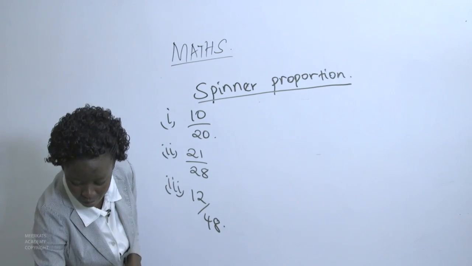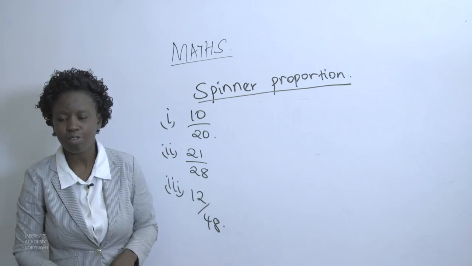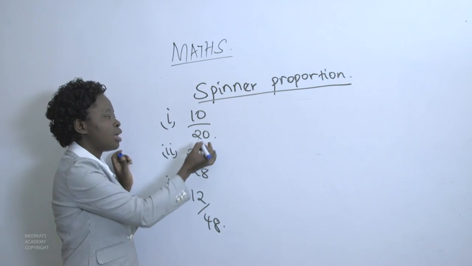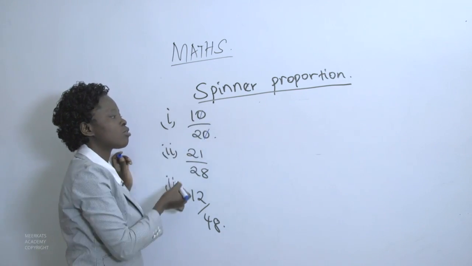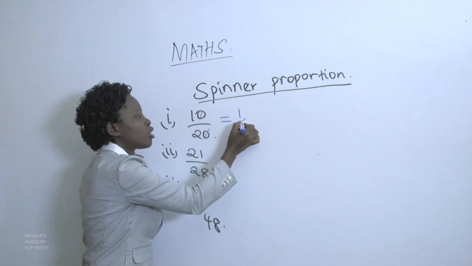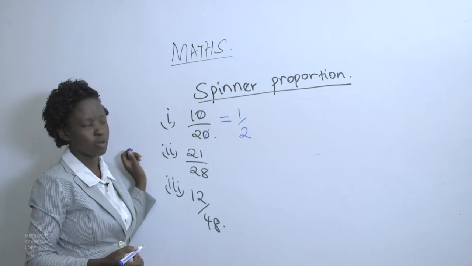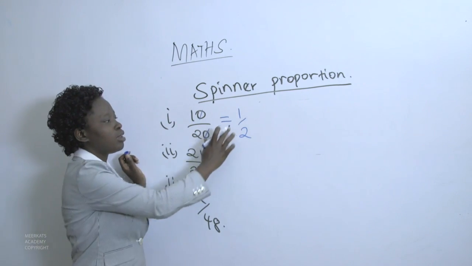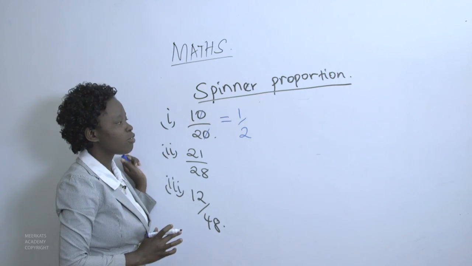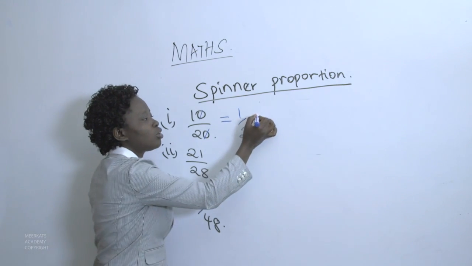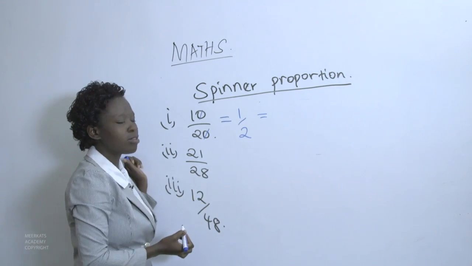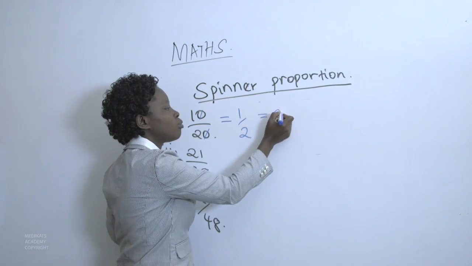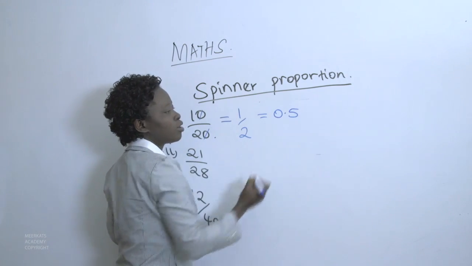The first task that we are having is to simplify the given fraction. Like in the first case, if I need to simplify, then it is simple, my zeros cancel out, then I'm left with the fraction as 1 over 2. So I've simplified the fraction 10 over 20, and it is now 1 over 2. If I have to convert 1 over 2 into a decimal, it will simply be 0.5.